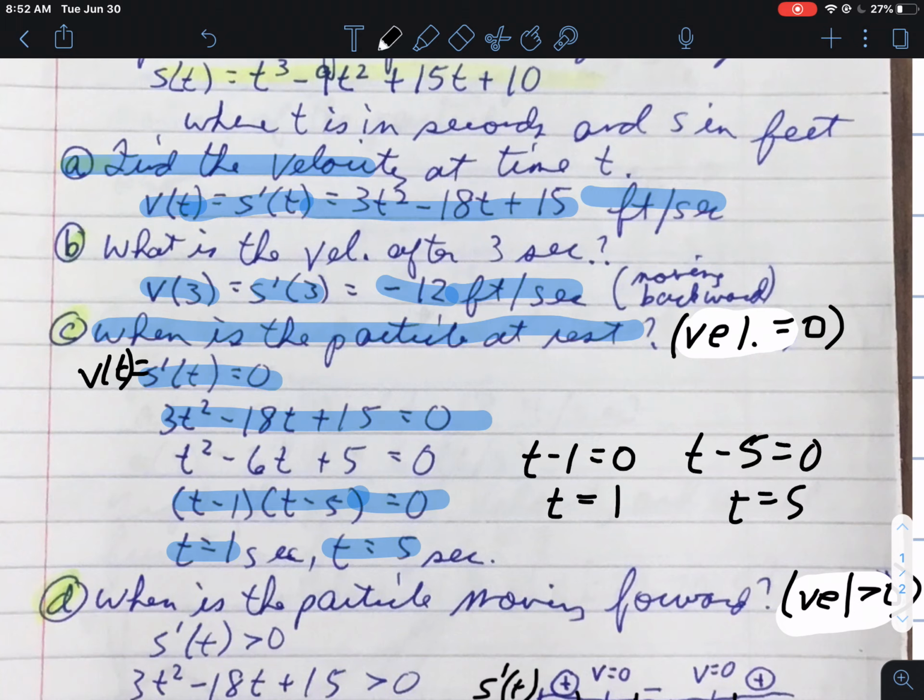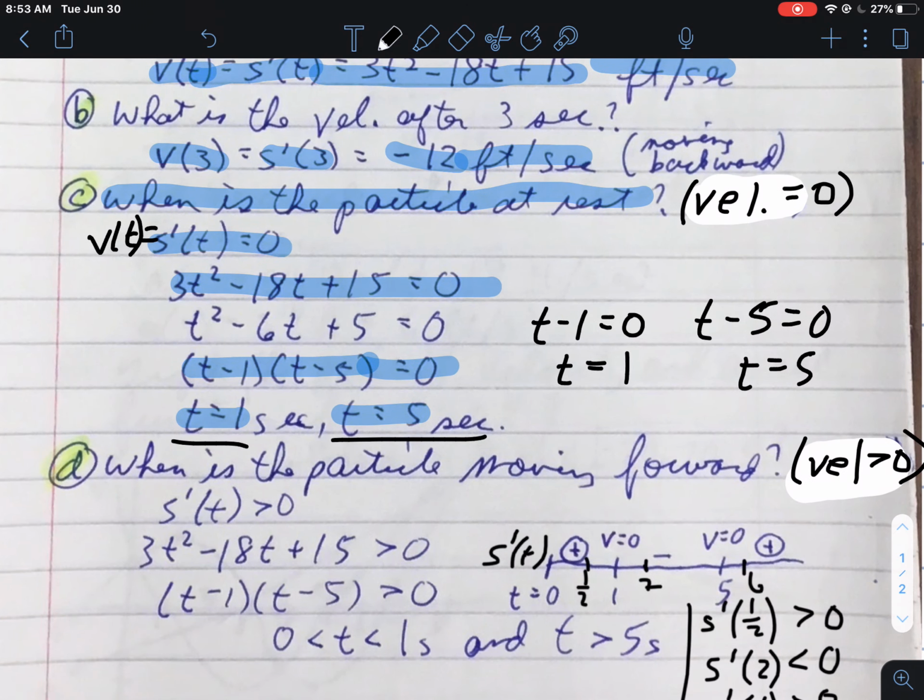All right, so we set each factor equal to 0. We get our values for t. So now t in this case we said was measured in seconds. So where did those t values come from? It came from setting the velocity equal to 0, which we were looking for where the particle was at rest. And so we know the particle is at rest, it's not moving, at t equals 1 second and at t equals 5 seconds. Okay.